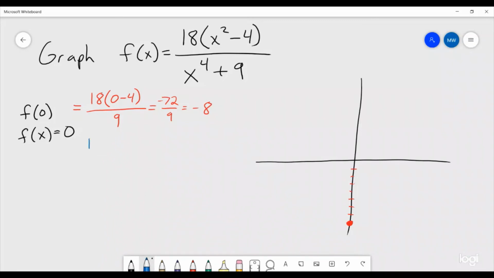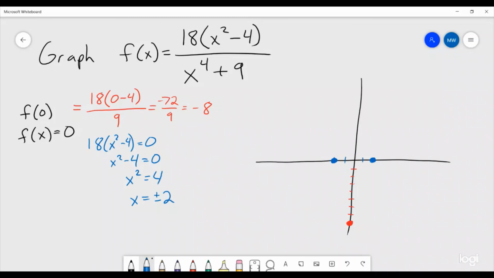So that is going to happen when 18 x squared minus 4 equals 0, or when x squared minus 4 is equal to 0, when x squared is 4, or when x is equal to plus or minus 2. So that means both of these spots, 1, 2, negative 1, negative 2, it's going to be equal to 0. So we have currently gotten two different pieces of information that are able to help us get a general idea of what the graph is.